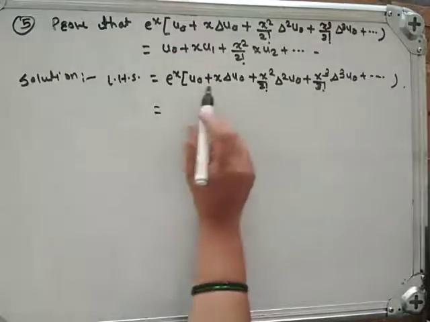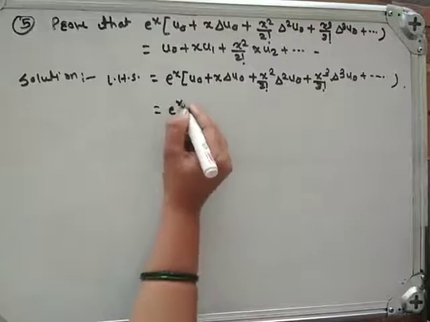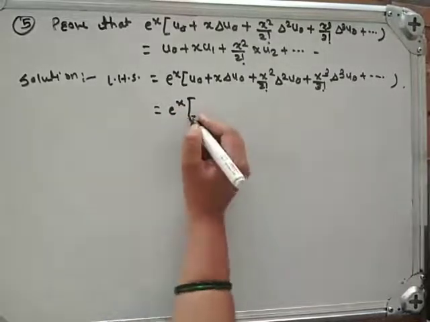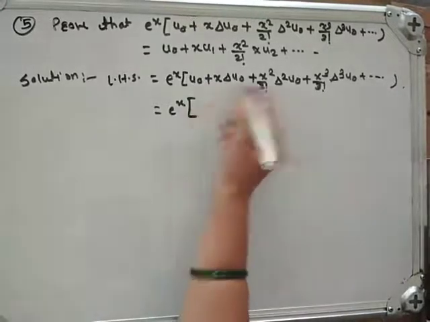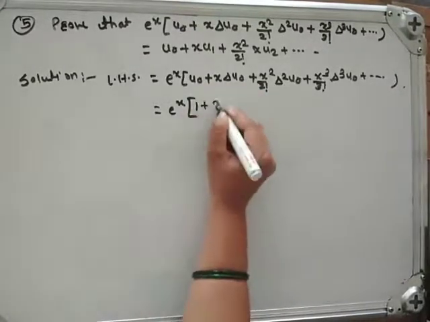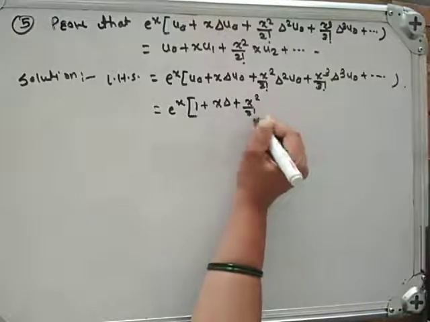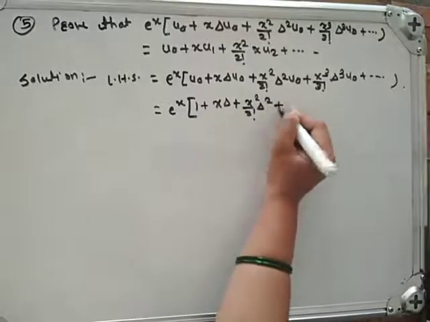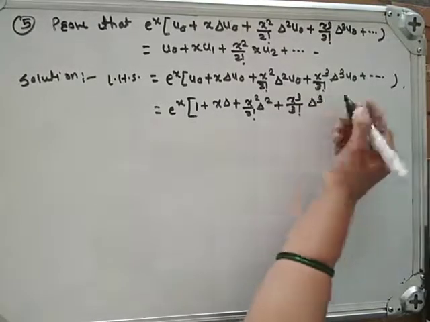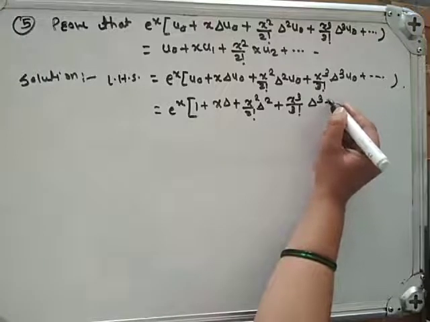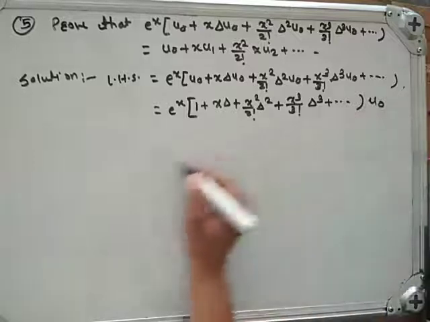Here observe that u0 is common in all the terms. So e raised to x into, take u0 as common, so in bracket remains 1 plus x into delta plus x square upon 2 factorial delta square plus x cube upon 3 factorial delta cube plus and so on, into u0.